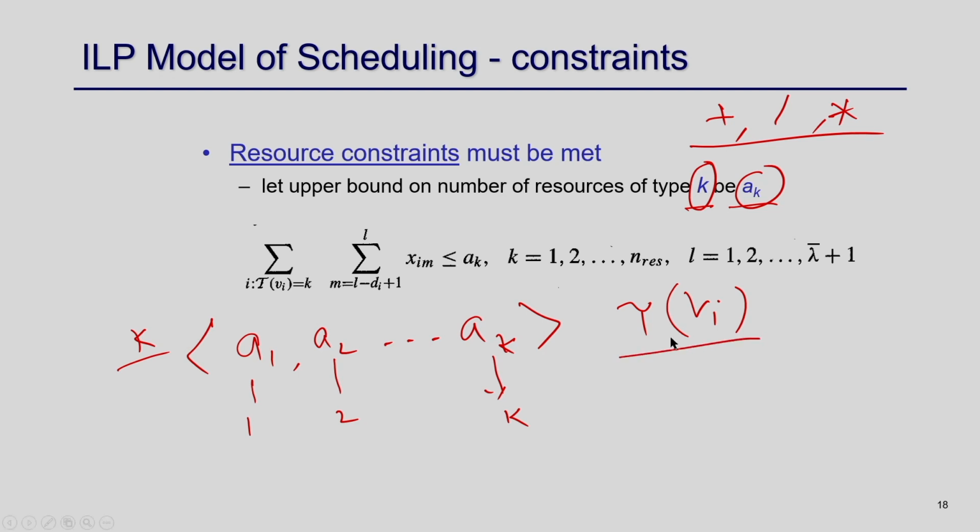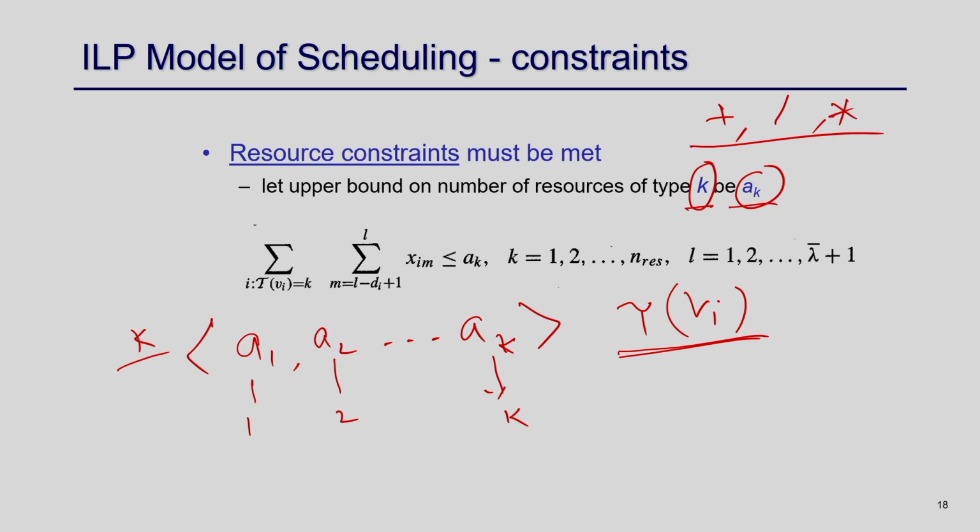If I apply tau, it will say this is a plus operation, or operation type 1, type 2, type 3 and so on, because the operations are not all the same; they have different types, it can be plus, minus, multiplication and so on. So, suppose I have been given this resource bound.